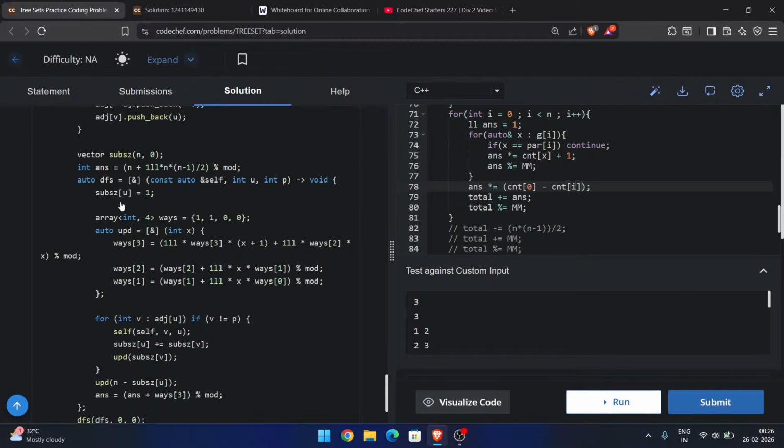So they are finding the size of everything. Ways of 1 and 2, 1, 1, 0, 0.